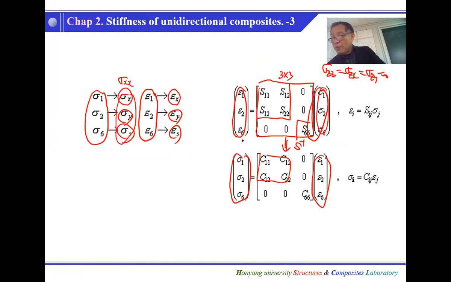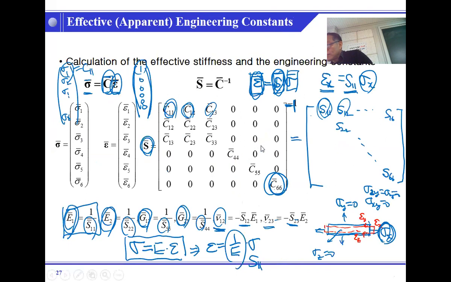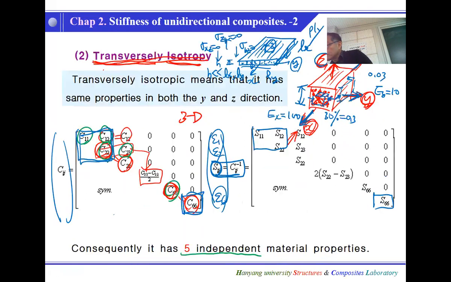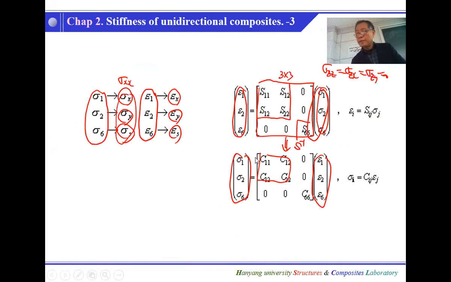That's why we can neglect them. We can rewrite here, neglecting the terms, which means epsilon, S matrix, and sigma.